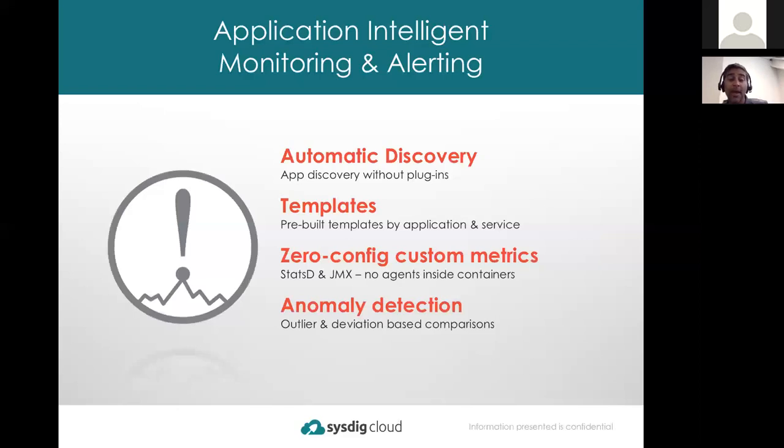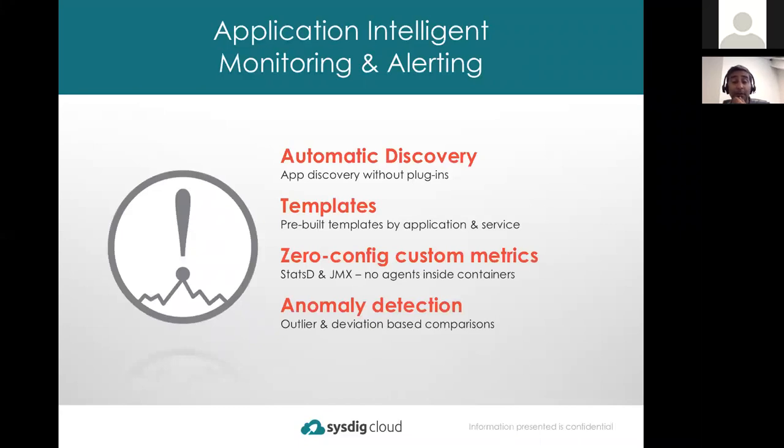We can automatically discover those apps, so you don't have to do any work to figure out, is this container running MySQL? The scheduler just spun up 10 more containers. What are those containers? How do I instrument those? Do I have to tell my developers to do something special? You don't have to do any of that. We discover that for over 50 application components today. You can build automatic discovery for your custom apps, and we make it really simple to get that data.